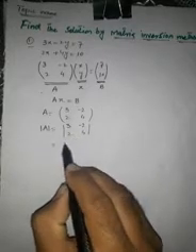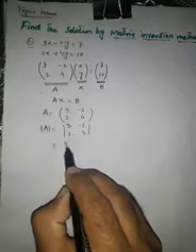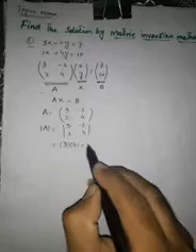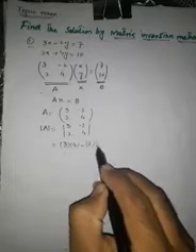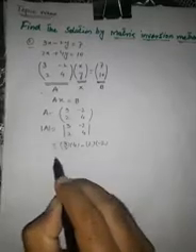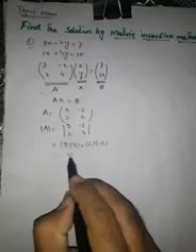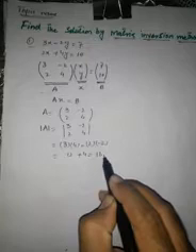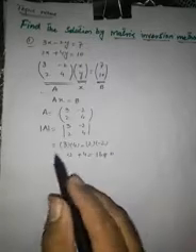So first we multiply the main diagonal elements, that is 3 and 4, then the operation sign is negative, then 2 and minus 2. On simplification we get 12 plus 4, which is equal to 16, and it is not equal to 0.